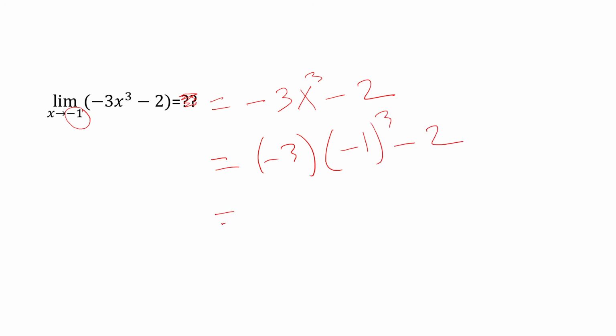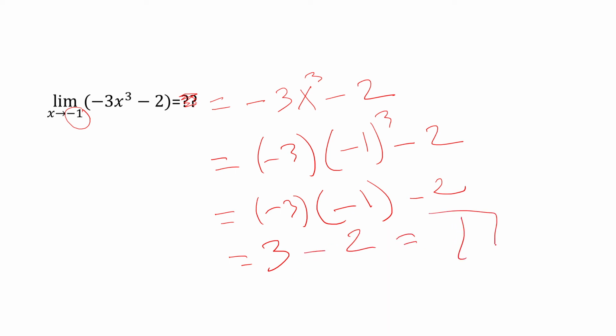So minus 3 times minus 1 cubed is just minus 1, minus 2. So minus 3 times minus 1 is just plus 3, and I'll drop the plus sign. Minus 2. So 3 minus 2 is just 1. Again, I got a nice number, so I don't have to do anything else.